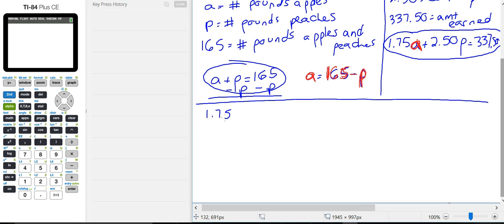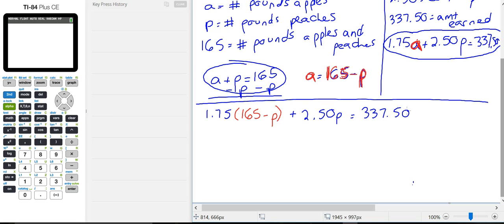1.75 times A, which we know is 165 minus P, plus 2.50P is equal to 337.50. And now we need to solve this.